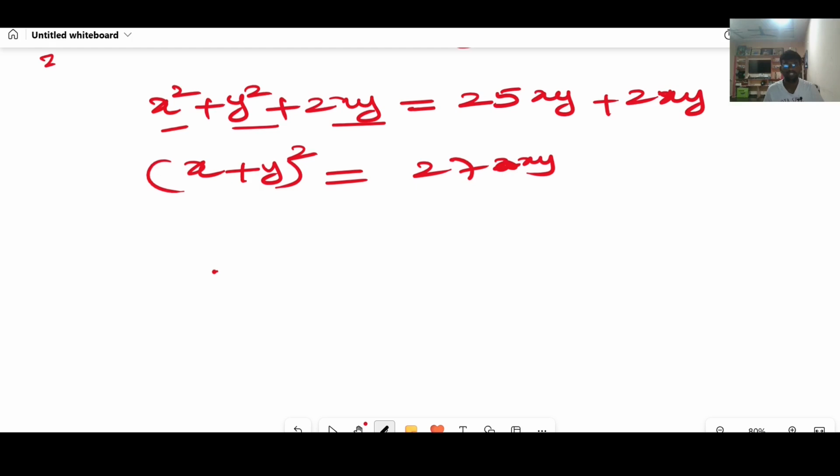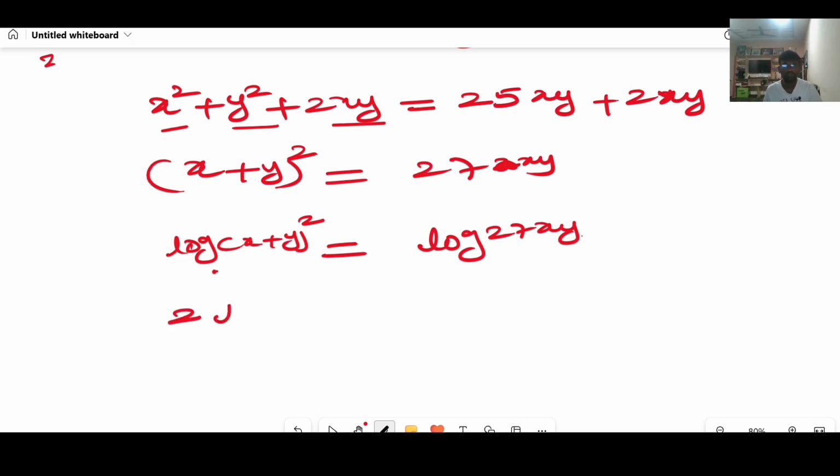Now I will apply log on both sides. We can write it as 2 log (x plus y), and I can simplify this as 3.